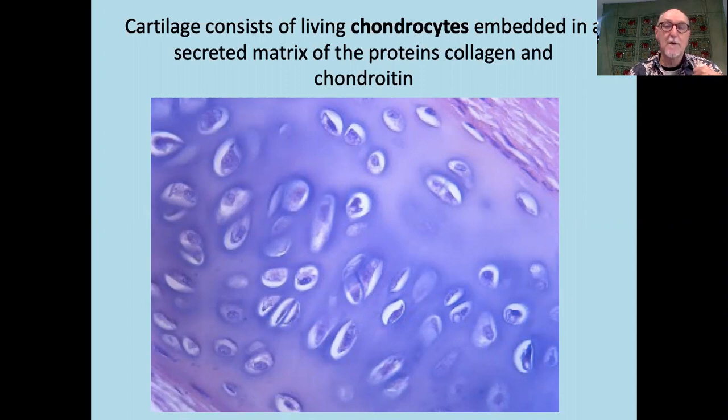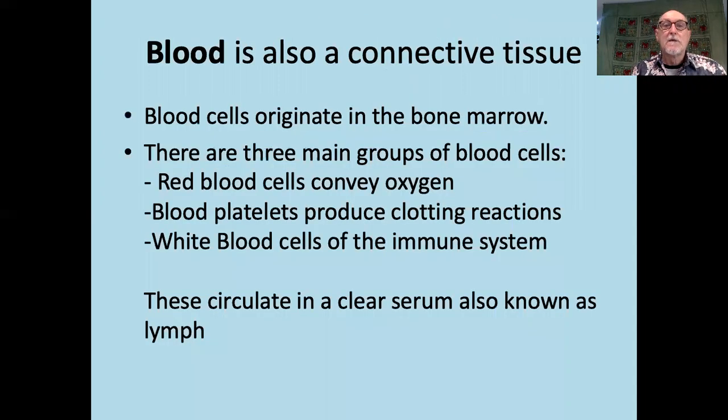Now we're going to move on to talk about another connective tissue, which you surely know something at least about, which is the loose connective tissue called blood. Blood is a connective tissue because it communicates between different tissues all around the body. That's why it's classed as a connective tissue. Blood is an extremely complex connective tissue because it contains many different components and many different kinds of cell.